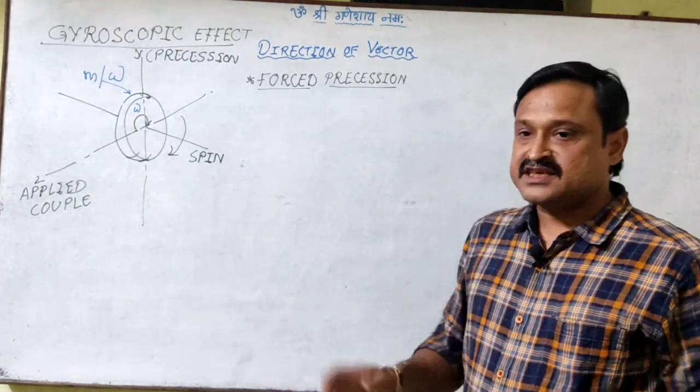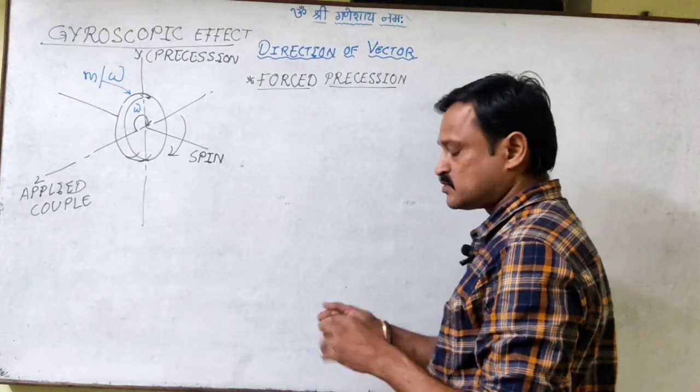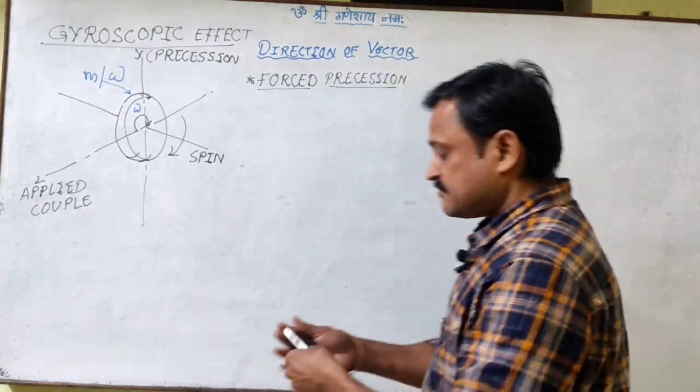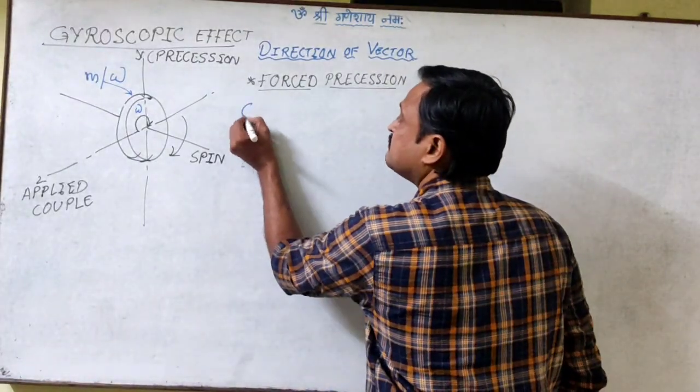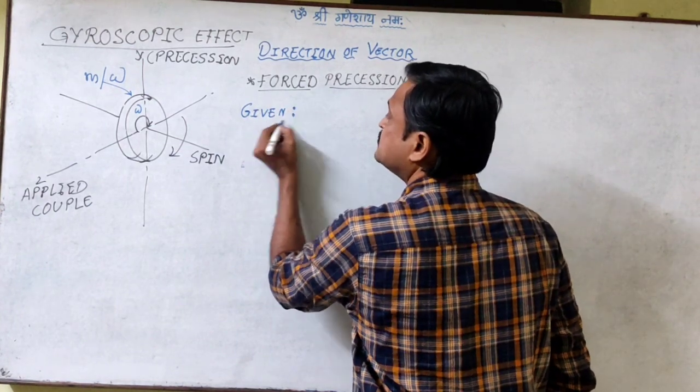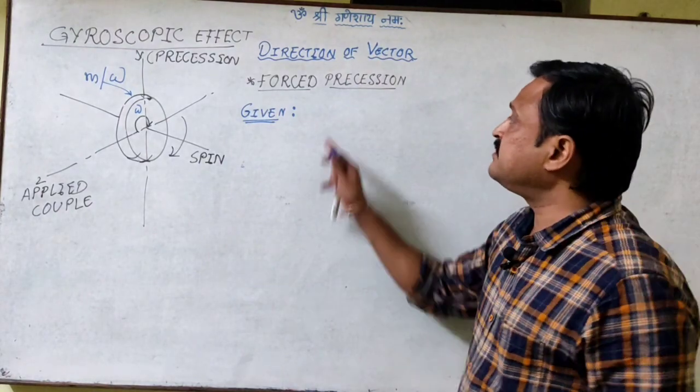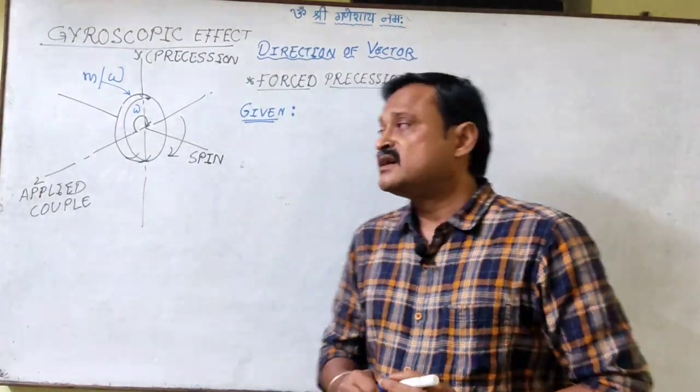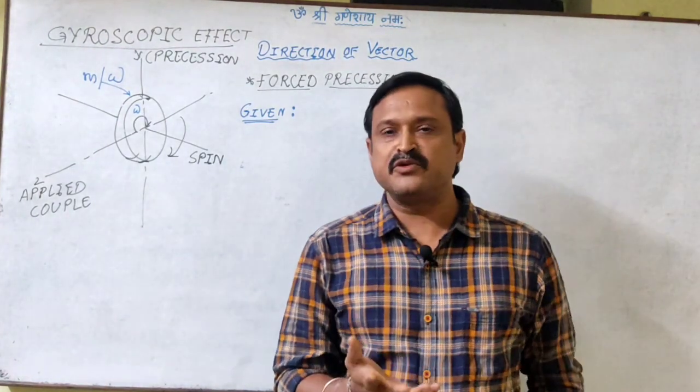Now let us say, through the given condition, when we say forced precession, that means omega p will be known to me.